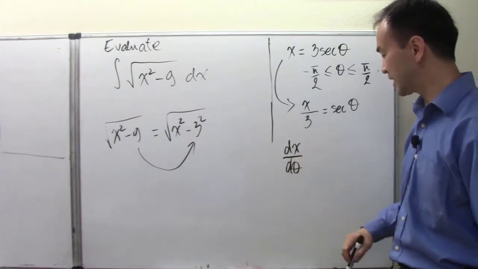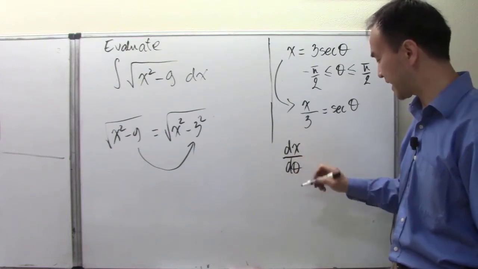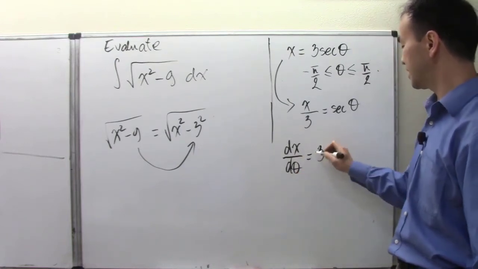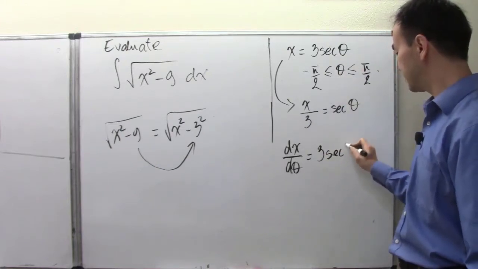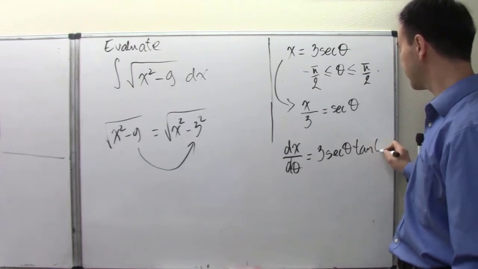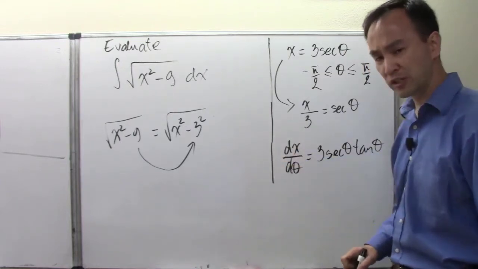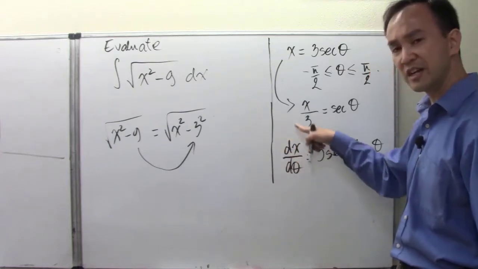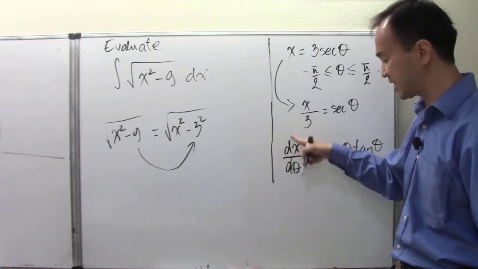So dx over d theta, the derivative of x as a function of theta, is 3 times the derivative of secant, which is secant of theta times tangent of theta. And I have reminded you multiple times that we can now see this notation as a ratio of two differentials, dx over d theta.